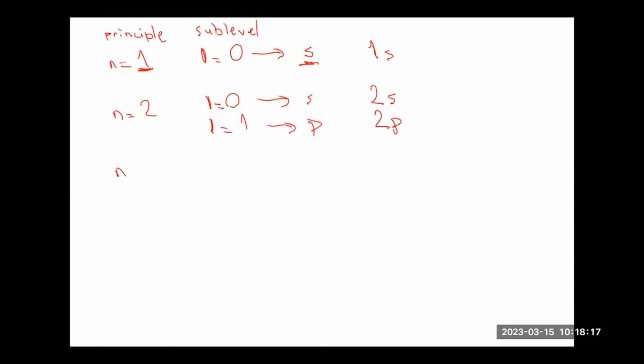When n is equal to 3, Ahmet Hakan, can you help me? What can be the sublevels, the orbitals? Hocam, it could be 0, 1, and 2.